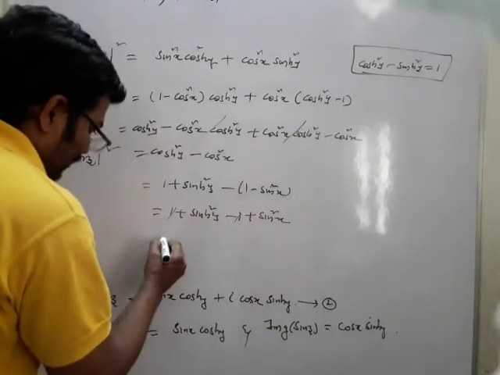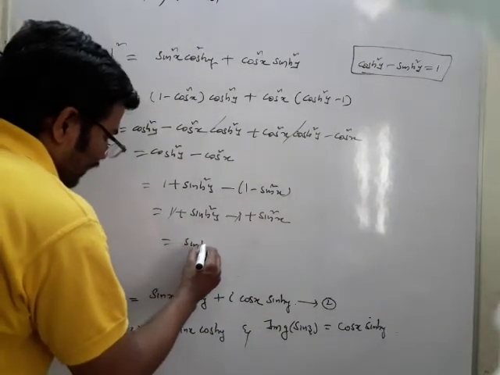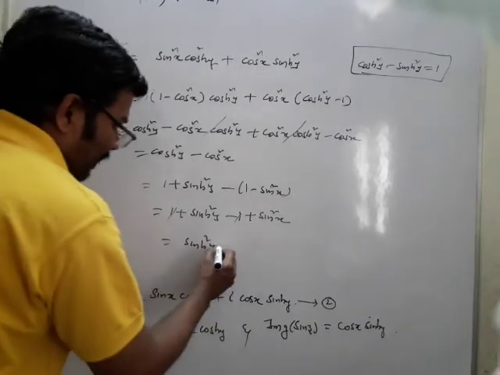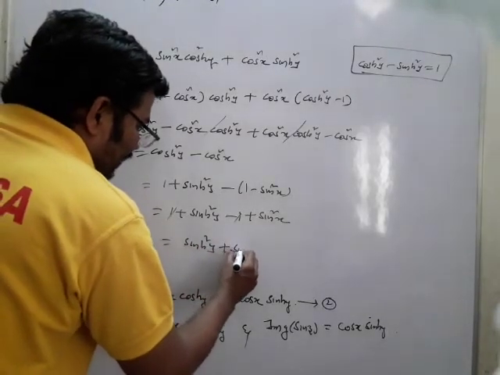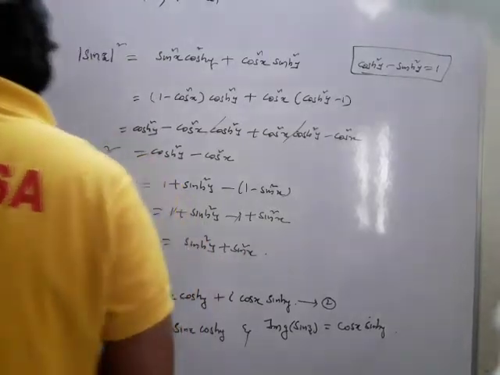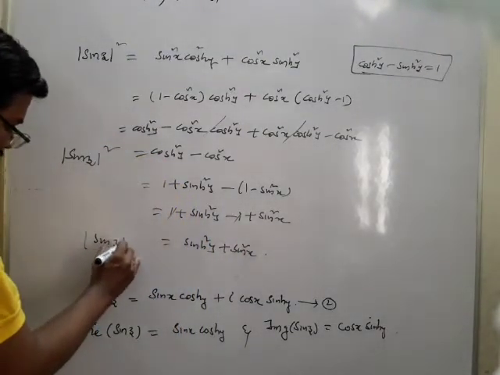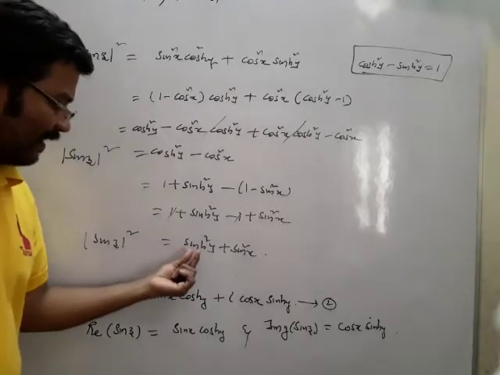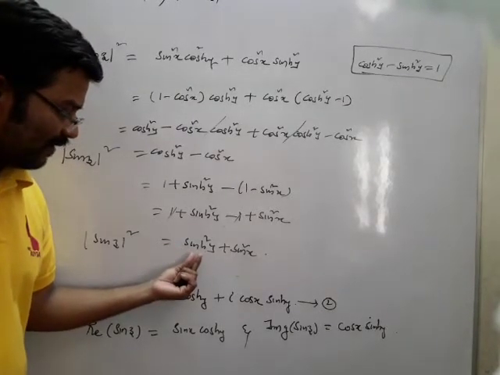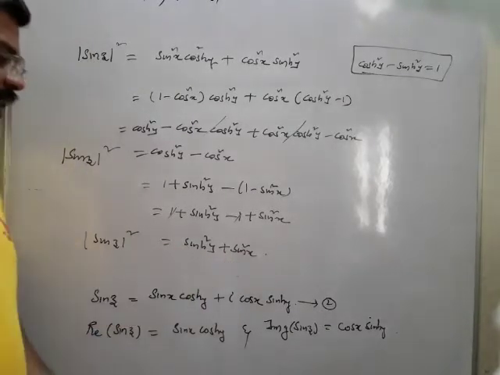The 1s get cancelled. You will get sin h square y plus sin square x. You got mod sin z whole square is sin h square y plus sin square x.